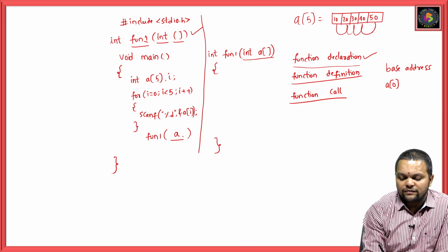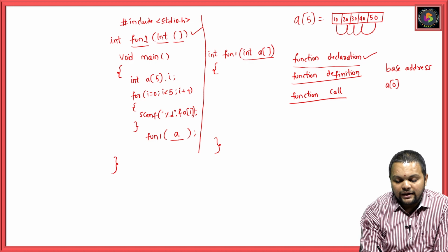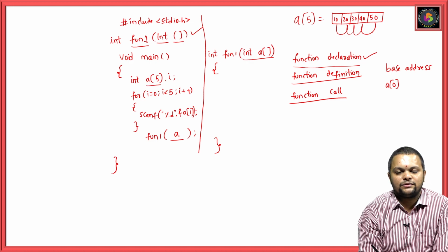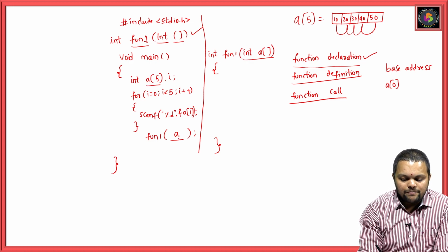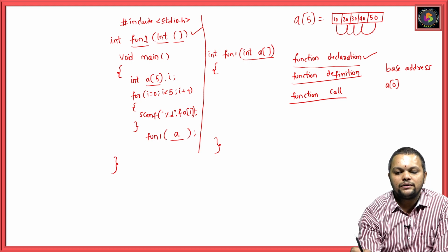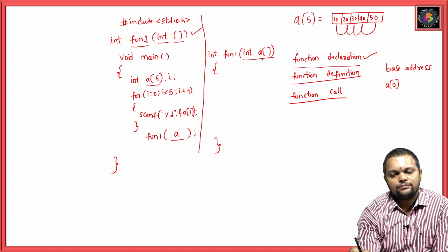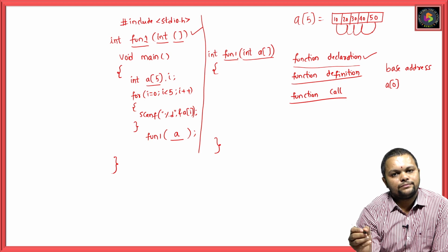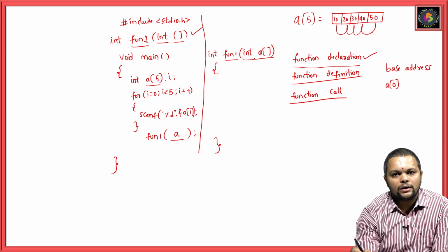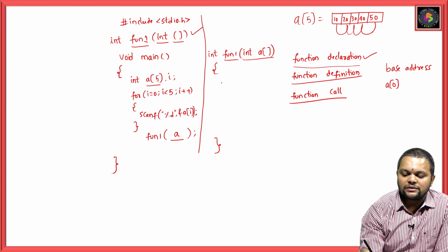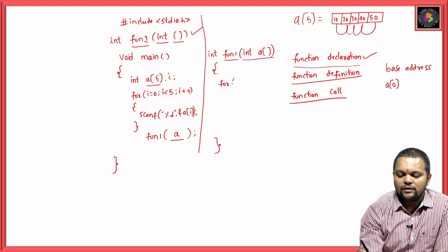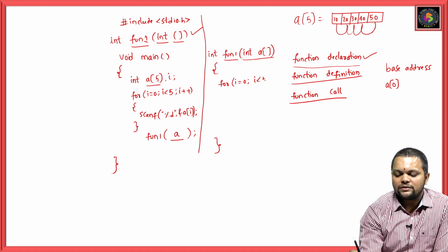So, if I am just passing function 1 of a, that means a is holding how many values? 5 values. Those 5 values are passed to which one? To this array function, function 1. Now, if I am doing some operations, let me say it here: for i equal to 0, i less than 5, i plus plus.